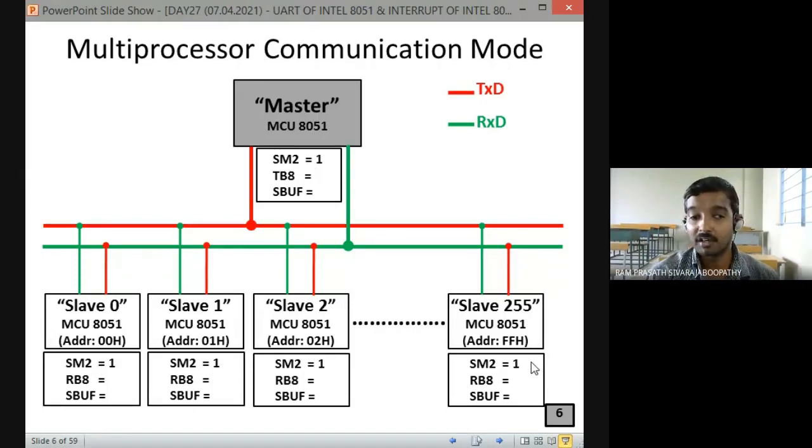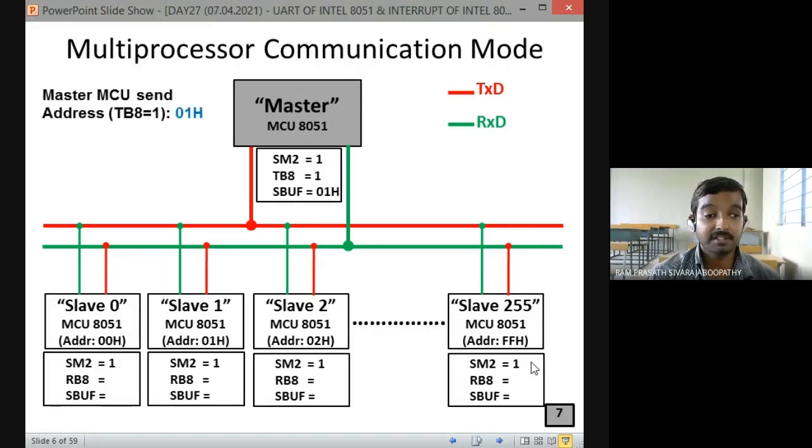That means all the microcontrollers, master as well as slaves, are in the multiprocessor communication mode. Now your master microcontroller is going to send the address. நல்லா கவனிக்கணும். If it wants to send the address, what about the value of TB8 now? Can you see in the slide? What about the value of TB8 now?